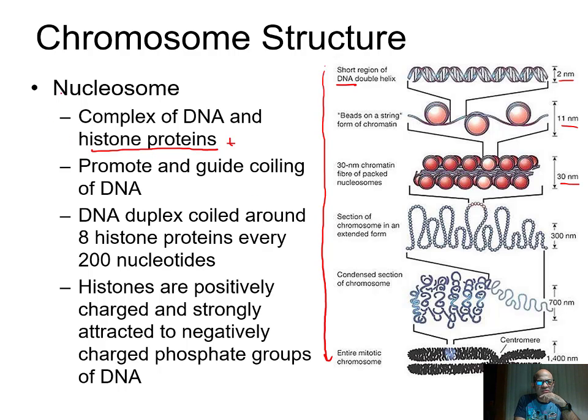There's going to form these structures called nucleosomes. And so the nucleosome is going to be the DNA wrapped around it. So you can see here in this part, the histones are here in the middle, and the DNA wraps around that, and that one structure is called a nucleosome.